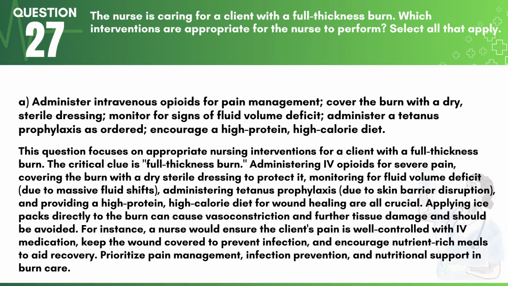The critical clue is full-thickness burn. Administering IV opioids for severe pain, covering the burn with a dry sterile dressing to protect it, monitoring for fluid volume deficit due to massive fluid shifts, administering tetanus prophylaxis due to skin barrier disruption, and providing a high-protein, high-calorie diet for wound healing are all crucial.